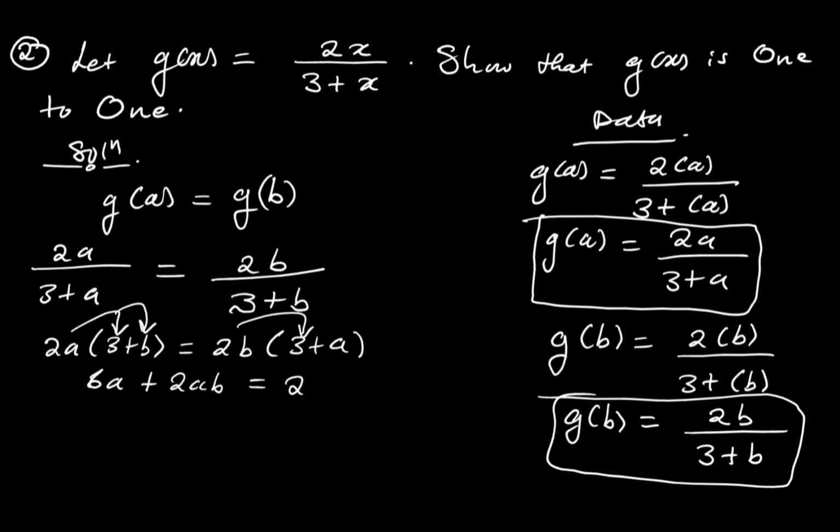This will give me 6B. Then 2B times A will give me 2AB.